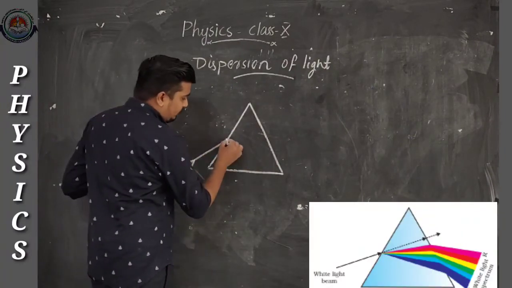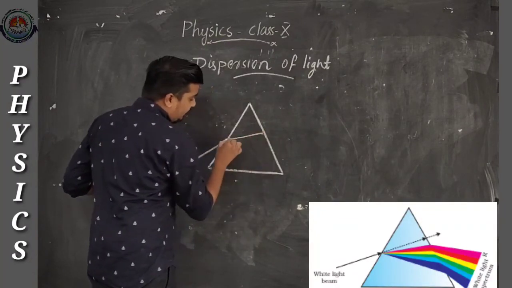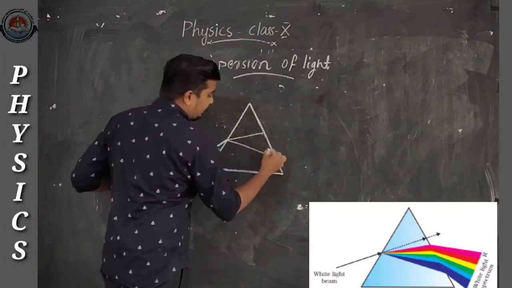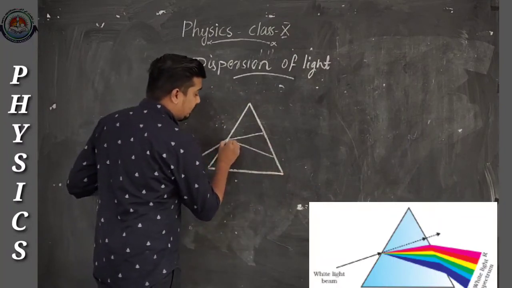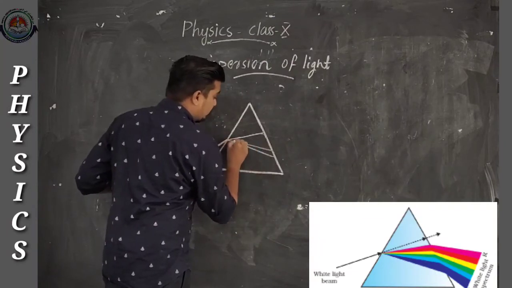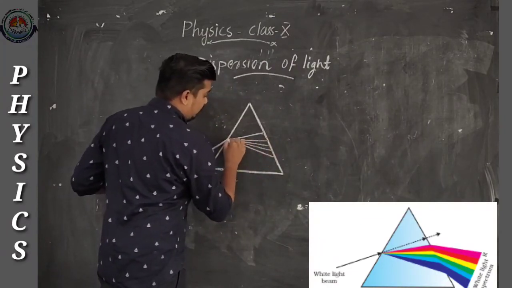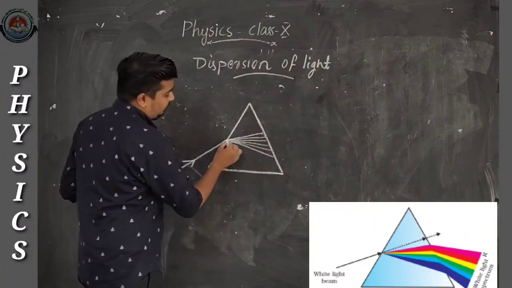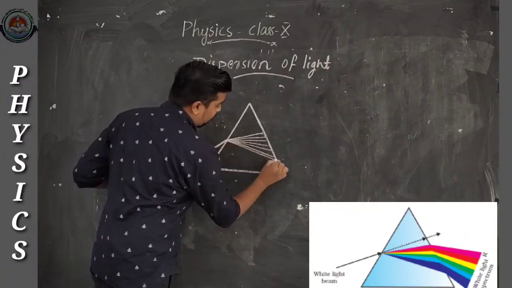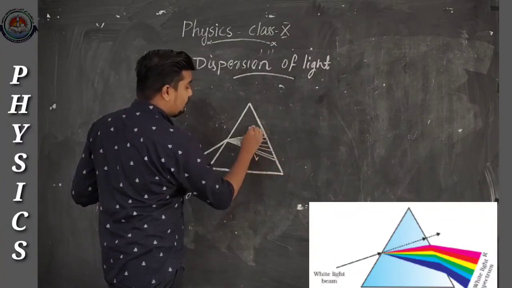At that time you see this white light is split into its constituent colors, that is its component colors like VIBGYOR, that is violet to red.